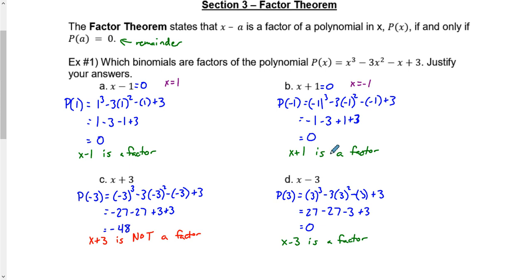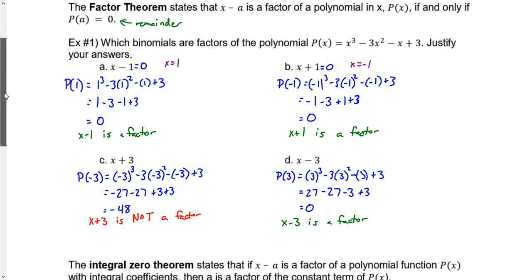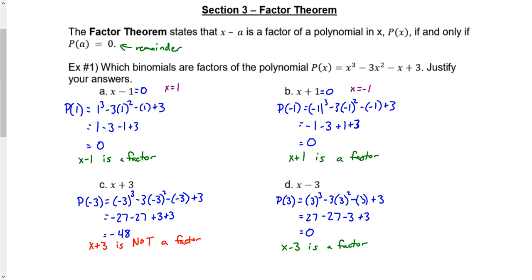I've literally chosen these ones for 2 specific reasons. The first one is to say that x cubed subtracting 3x squared, subtracting x, adding 3 is legitimately x minus 1, which was the first one that we checked, multiplied by x plus 1, which is the second one we checked, multiplied by x minus 3, which is the fourth one we checked.